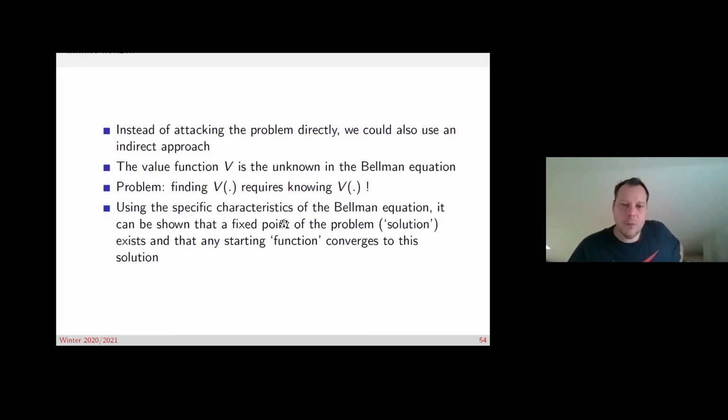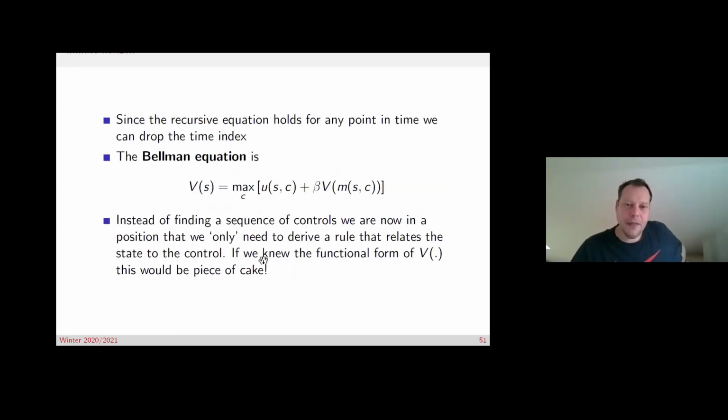The problem is obviously that the value function is defined as the value function. So the value function is, so to say, a function of itself. So it's not that easy to find a solution. And it's also at first glance totally unclear how we could do that.